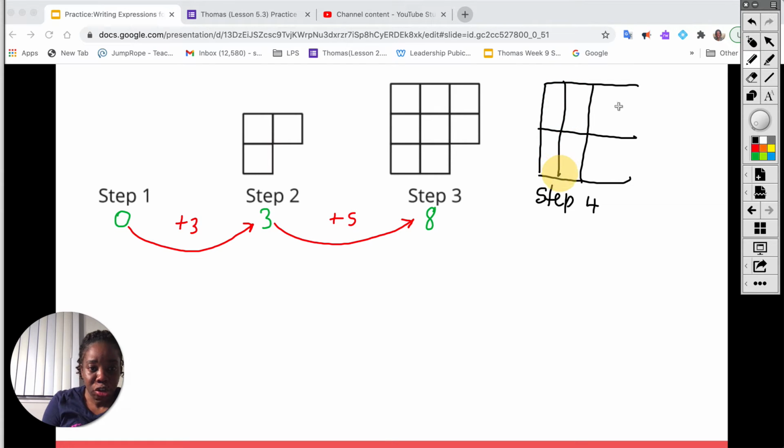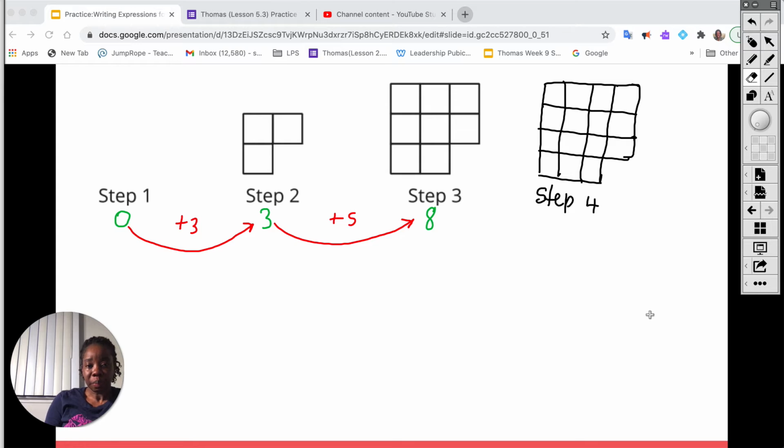Bear with your teacher. My teacher is learning to draw. We just are not going to close that last one. So that last one is missing.